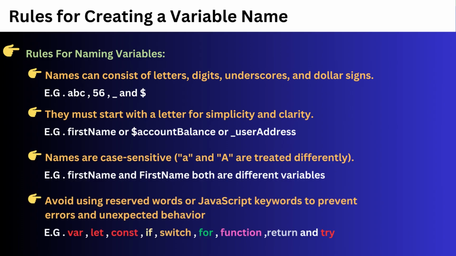In addition, it is essential to avoid using reserved words such as JavaScript keywords as names for variables or functions. Doing so may lead to errors or unexpected behavior in your code. And these are some rules that we have to follow while creating the variable name.